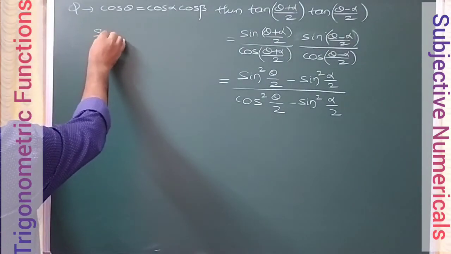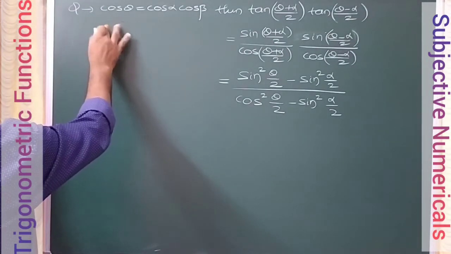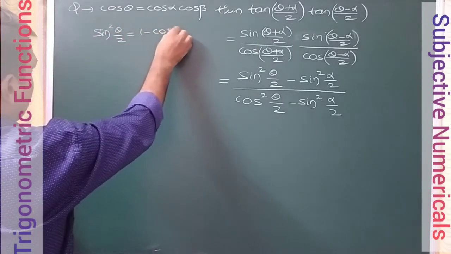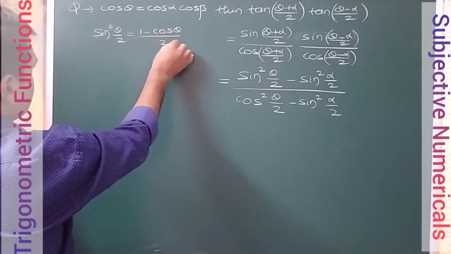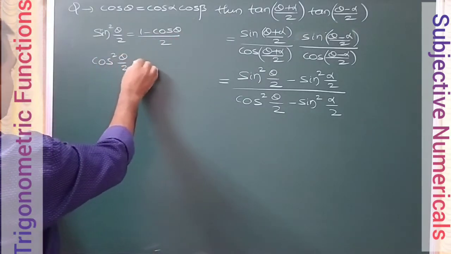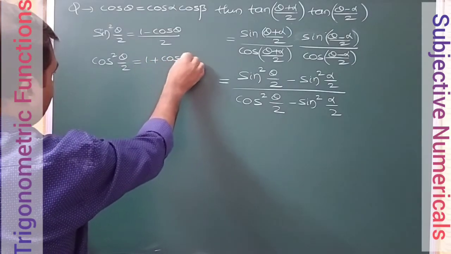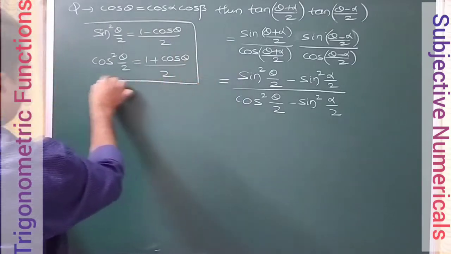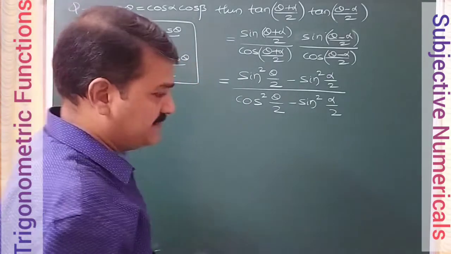Whenever you have sin squared theta by 2, this is 1 minus cos theta by 2, and cos squared theta by 2 is 1 plus cos theta by 2. These are the multiple and submultiple formulas which we use very frequently.